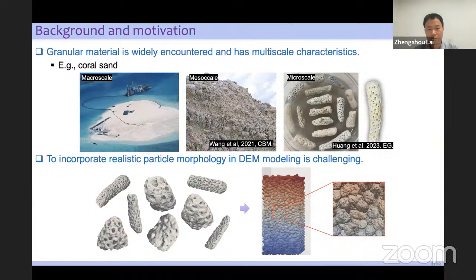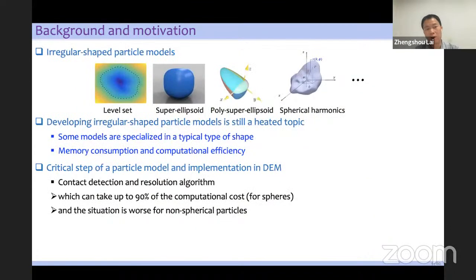DEM, as we know, is a very popular method to model the contact dynamics of particles, but incorporating realistic particle morphology in DEM modeling is very challenging. Over the years, some irregular-shape particle models have been developed in the literature.